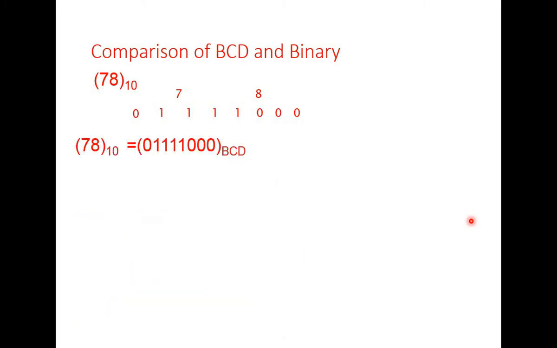So in this way we convert the 78 to the base 10 into the BCD as 0111 1000. Now we have to convert the same number into binary. For that purpose we divide 78 by 2, and we get the quotient as 39 and the remainder is 0.